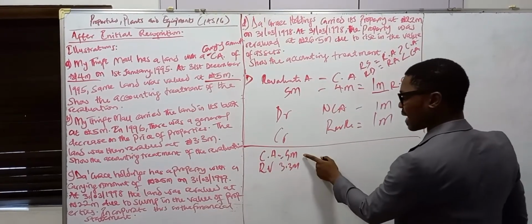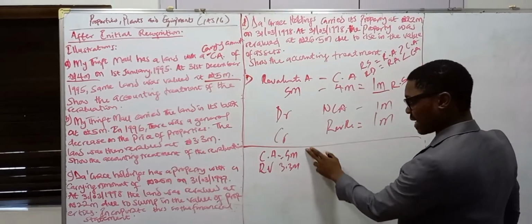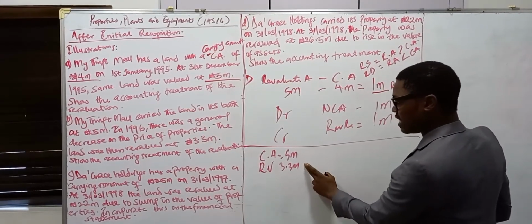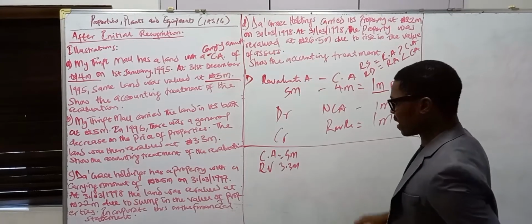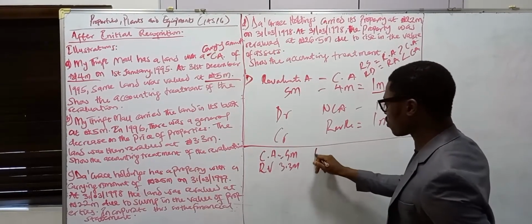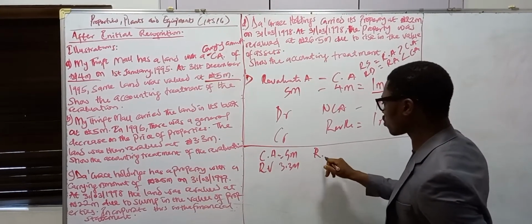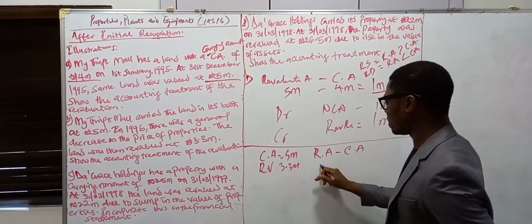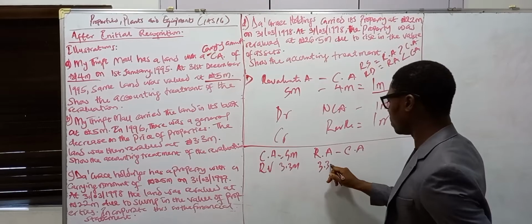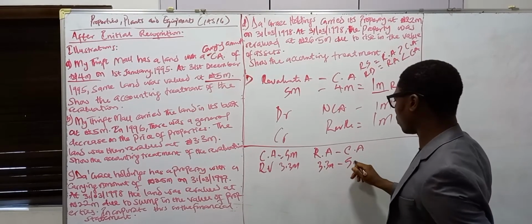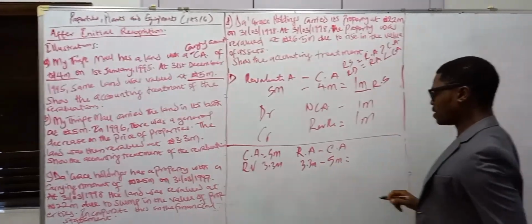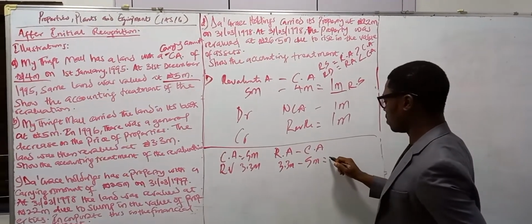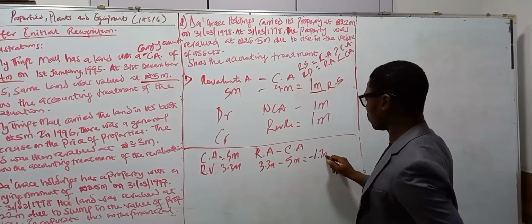So even from this we can say that this is a revaluation deficit. But just to test it, we said that the formula for revaluation is revaluation amount minus carrying amount. Our revaluation amount here is 3.3 million minus carrying amount of 5 million. This gives a revaluation amount of minus 1.7 million.